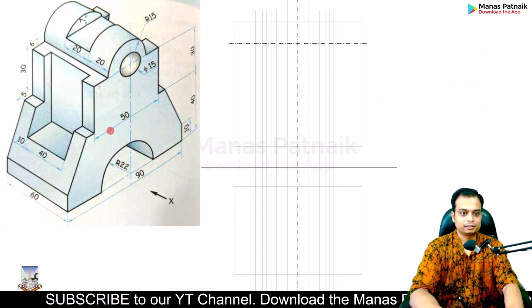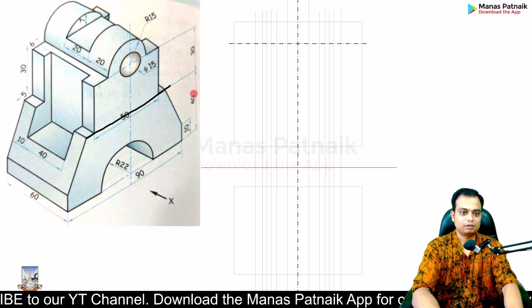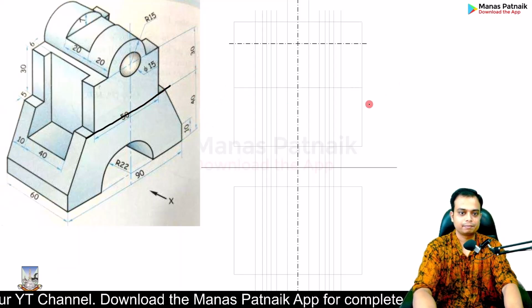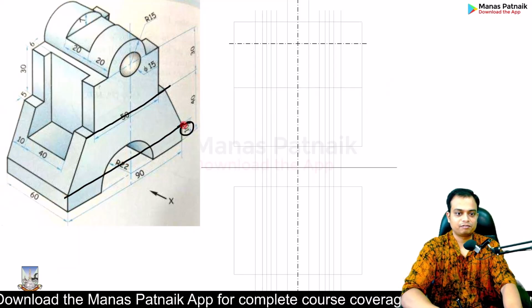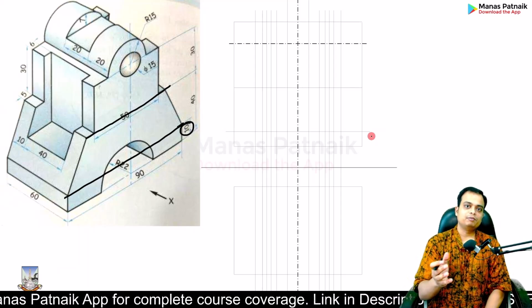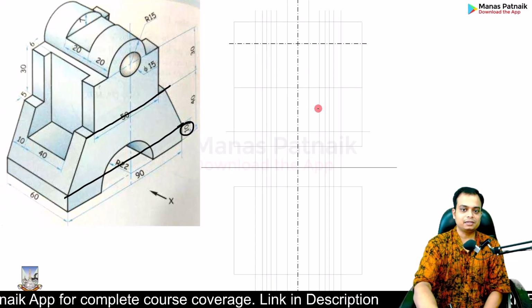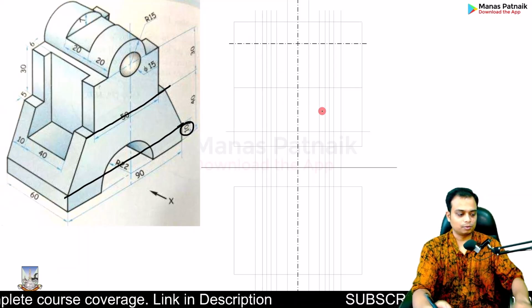Now what I need to do is, as far as this line is concerned, it is at a height of 40 from the base. You can make it. Then as far as this line is concerned, this is at a height of 10 from the base, so make it. Done. Now creating the front view becomes very easy, because these guidelines are going to help you both in the front and the top view. How? Take a look.